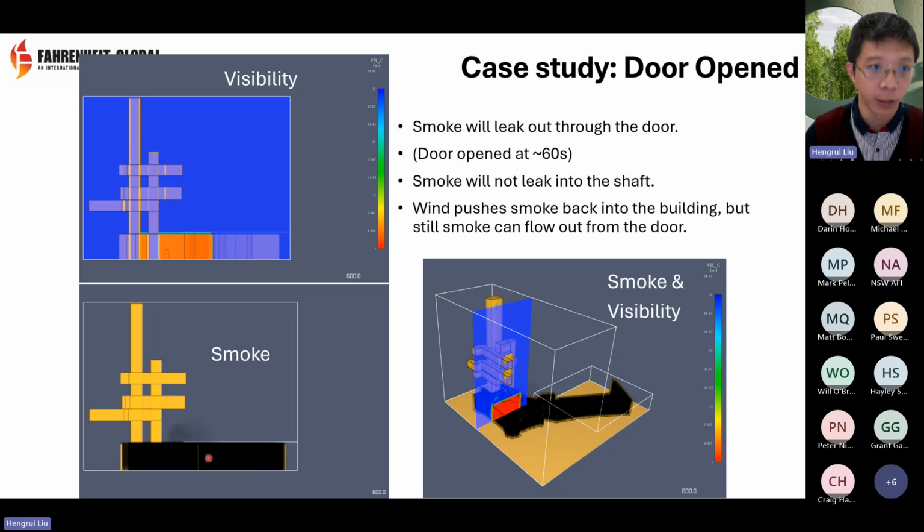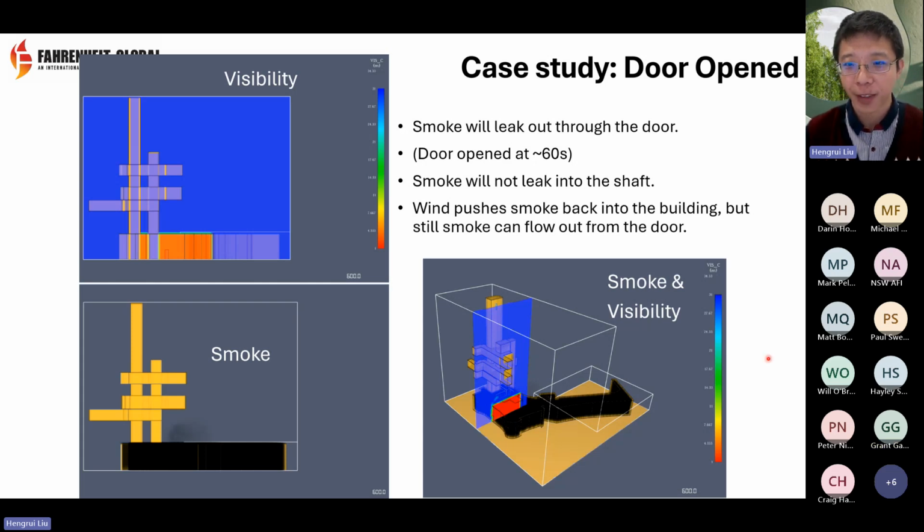It's more intuitive, but visibility is something we can use quantitatively. In our fire engineering report, we say this level of visibility is deduced down to 10 meters, 20 meters, or 5 meters. So we can quantitatively know the level from any location, but smoke is more of a visual aid. Okay, thank you for that. Not a problem, thanks so much for asking.